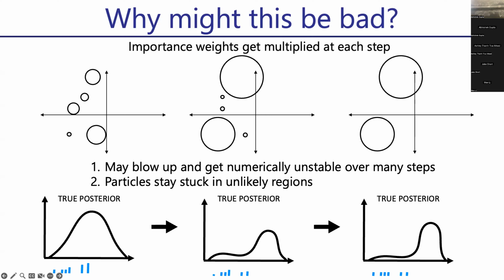Say your dynamics model, when you're in this low likelihood region, keeps the particles there. If the dynamics model doesn't move the particles, you have a lot of wasted particles stuck in one region. You may really care about another region, but you have a lot of low-weight particles stuck here, wasting them in the wrong region of space.